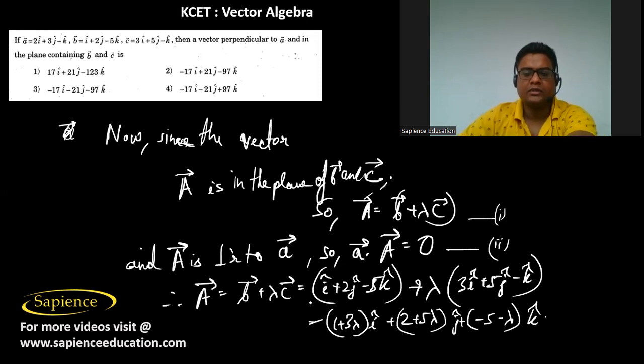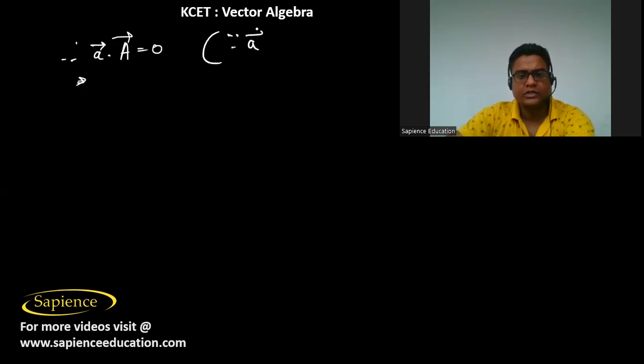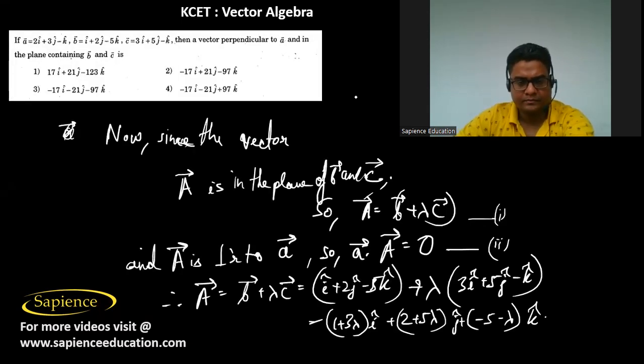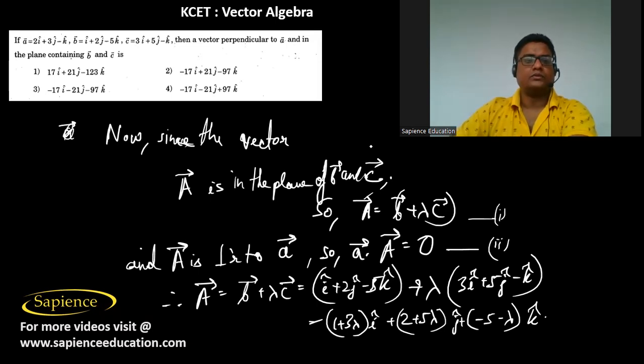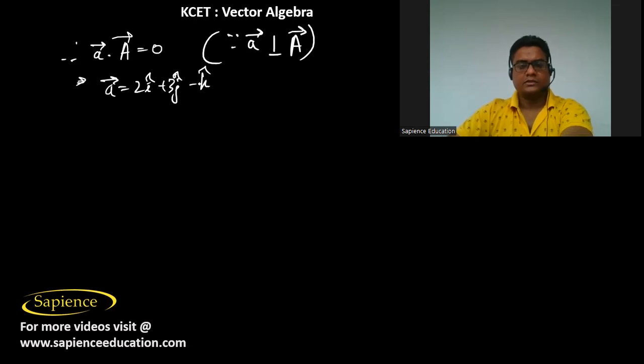Now A' dot A will be equal to 0. Now therefore A' vector dot A vector should be equal to 0, since A' vector is perpendicular to vector A. Since we have assumed that A' vector is perpendicular to the vector A. So vector A is 2 I cap plus 3 j cap minus k cap.